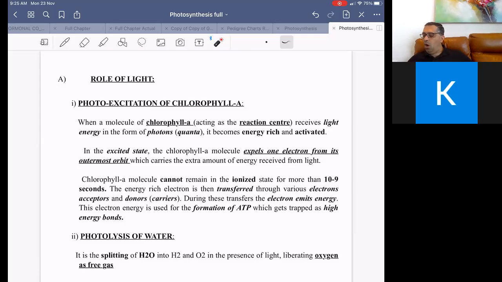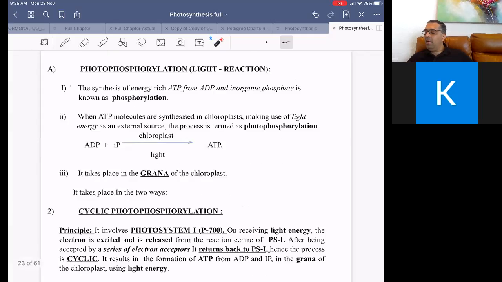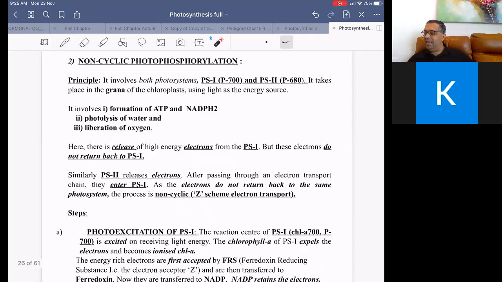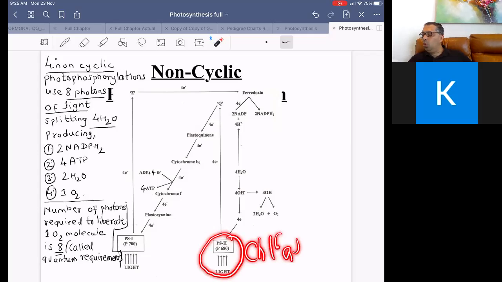And along with it, there is photolysis of water, which is the splitting of water into hydrogen and oxygen in the presence of light, liberating oxygen as a free gas. So this is the next process. Sir, whenever light falls on chlorophyll A, it will lead to transfer of electrons.